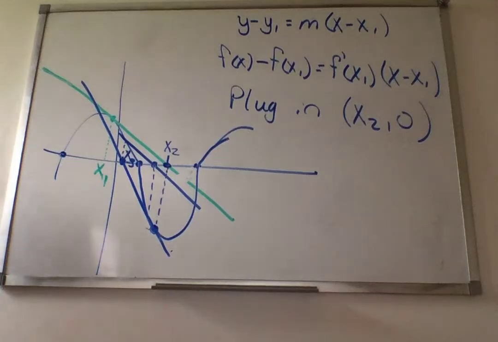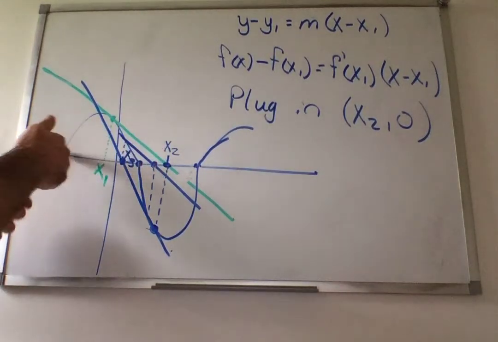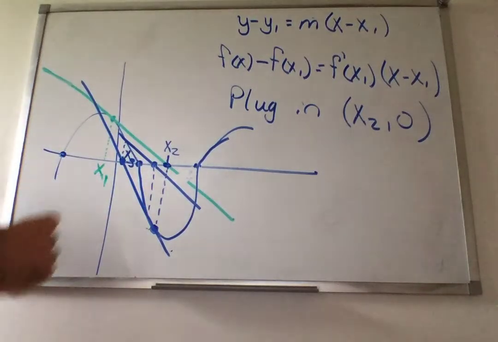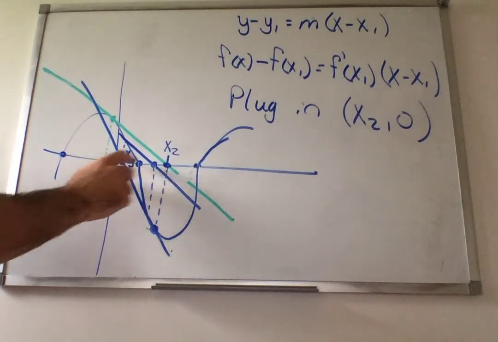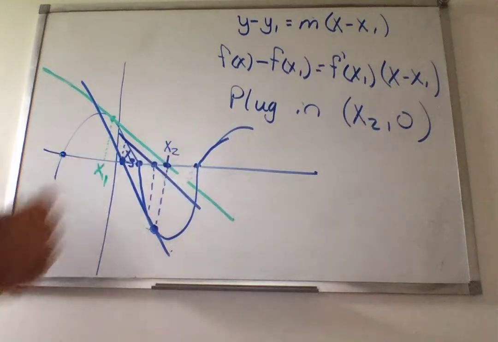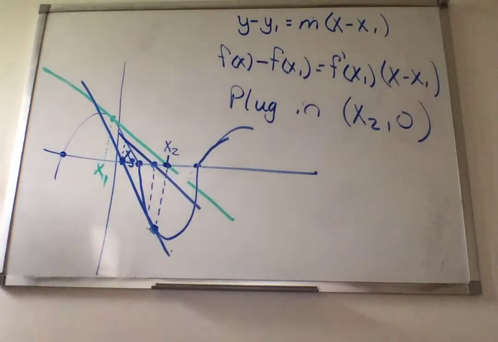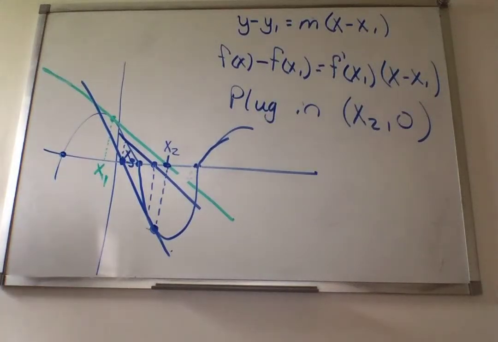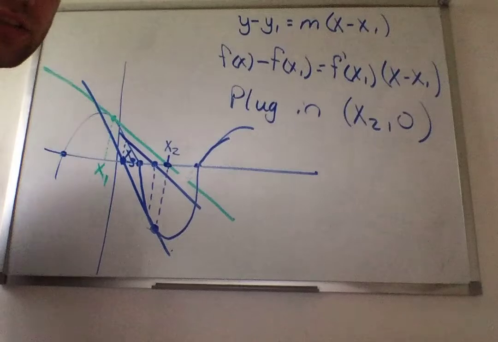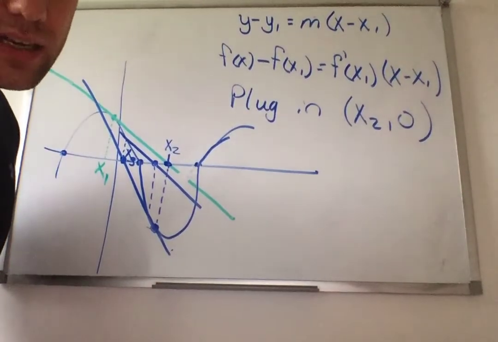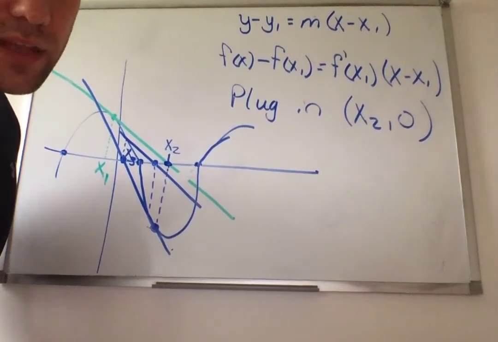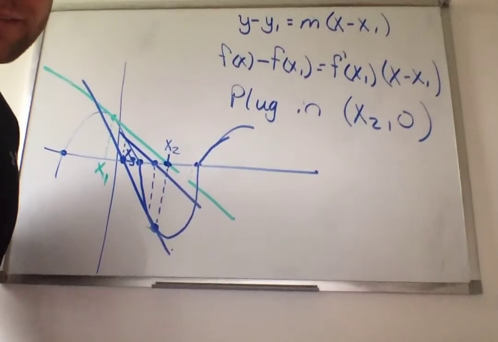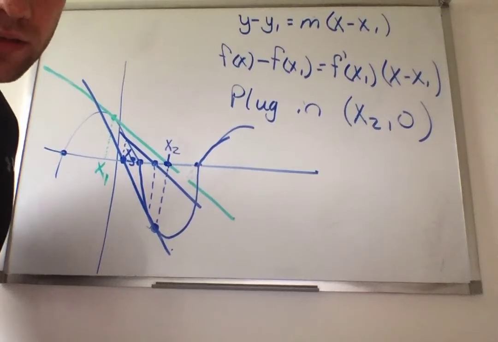Eventually, the zeros of the tangent lines will get closer and closer to the zeros of the actual function. Now, it's really hard to draw a nice picture of this freehand. If you look in the book, there is a nice picture of how this actually works.